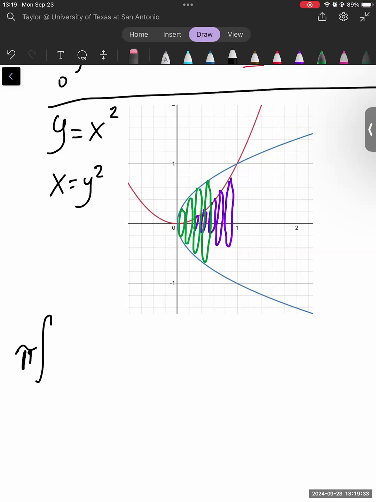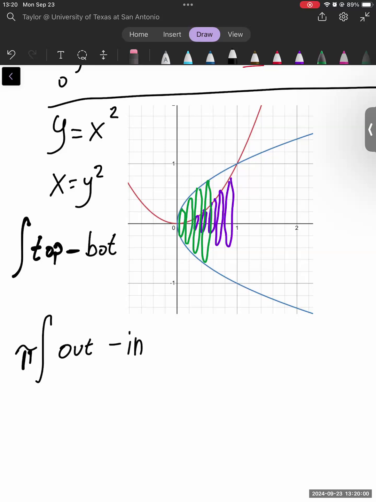Almost. You're halfway there, Luis. So remember, we have two functions, and for area between curves, we have top minus bottom, right? We can do something similar, but the terminology they use is outer minus inner, because we have two radii in this case.